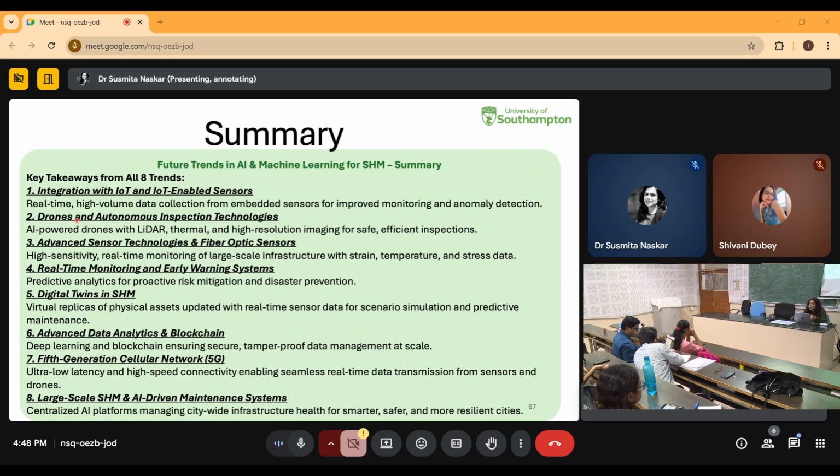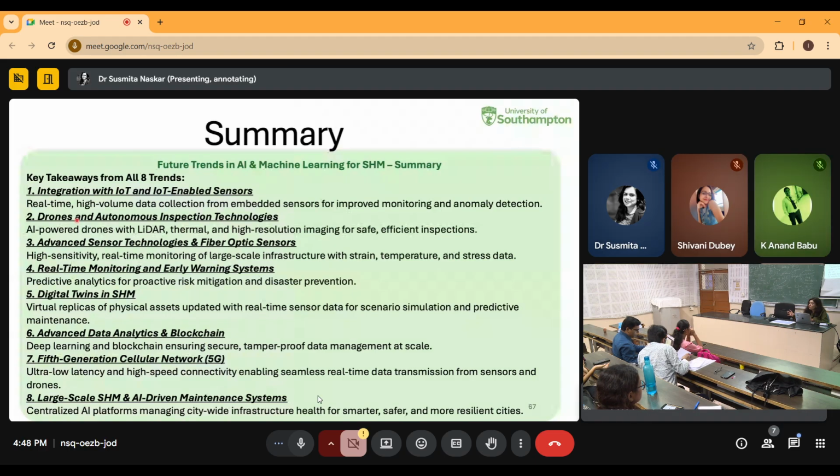Then comes the digital twin in SHM, where we try to include a virtual replica of the physical assets we want to monitor, and update it with real-time sensor data for scenario simulation, to have predictive analysis or predictive maintenance. Then comes advanced data analytics and blockchain, where we talk about security, ensuring secure, tamper-proof data so that we can manage the data at a larger scale.